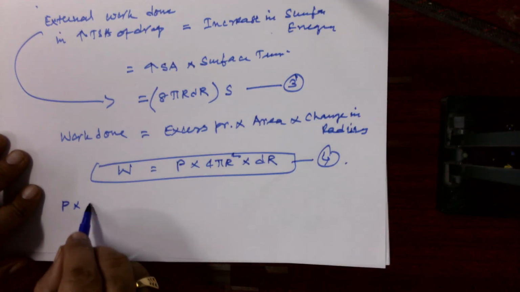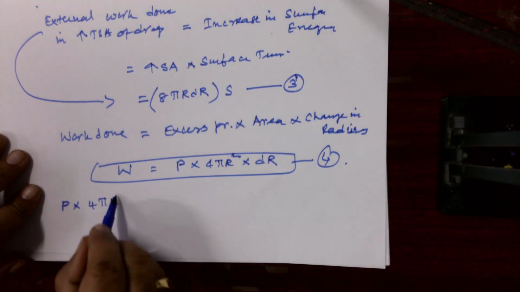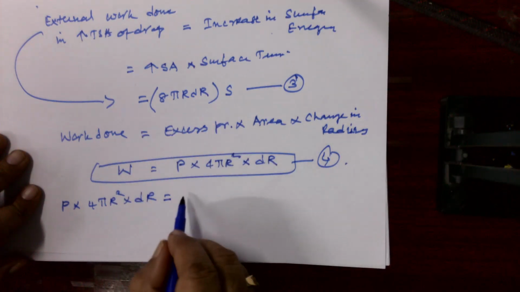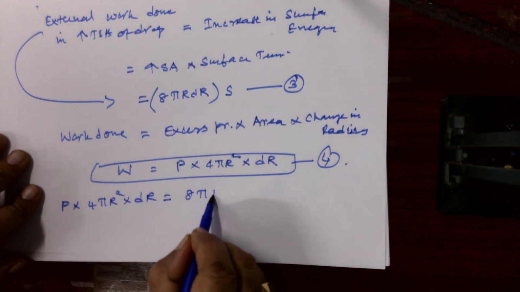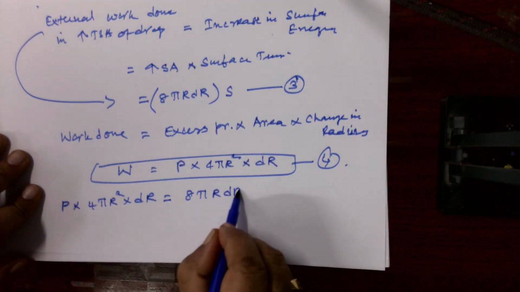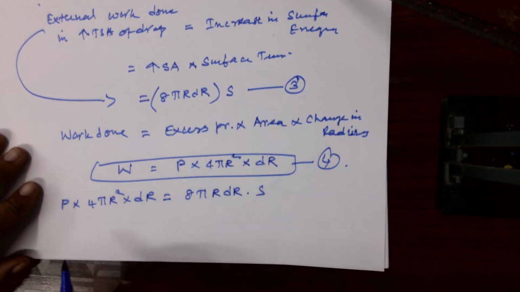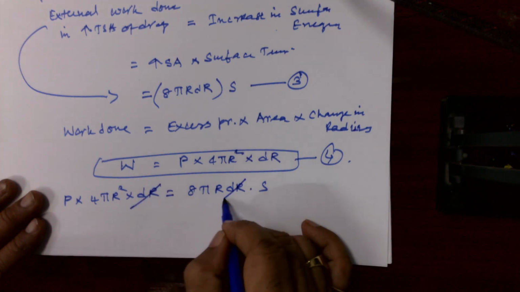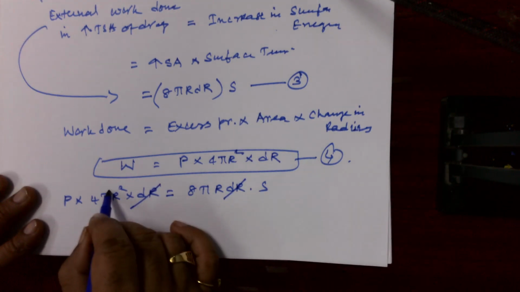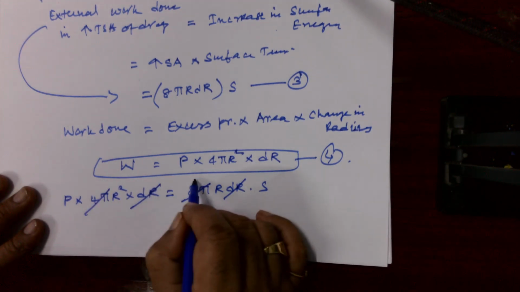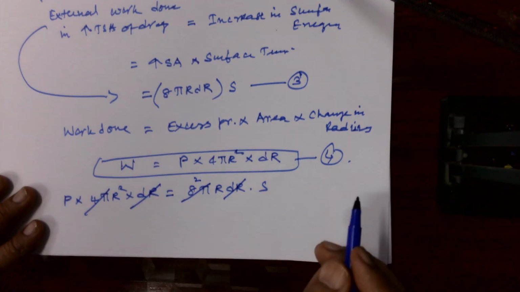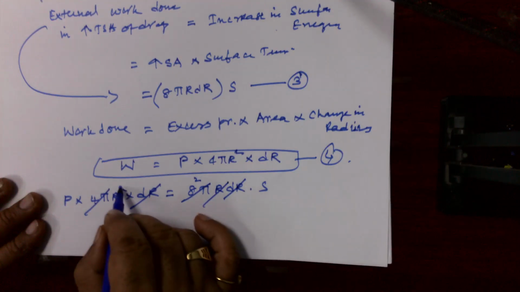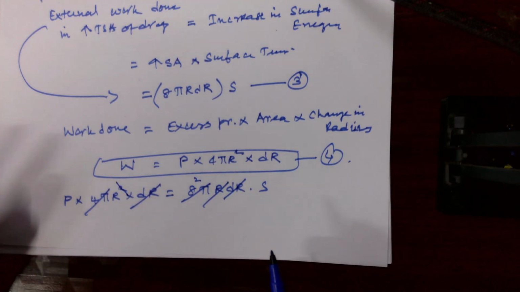So P into 4 pi R squared into dr is equal to 8 pi R dr into S. So shall we calculate? Now listen to me carefully. dr can be cancelled and the 4 pi becomes 2 here. 4 pi, 8 pi means 2 here. Then what else I can strike out? R can be striked out. So this becomes R.